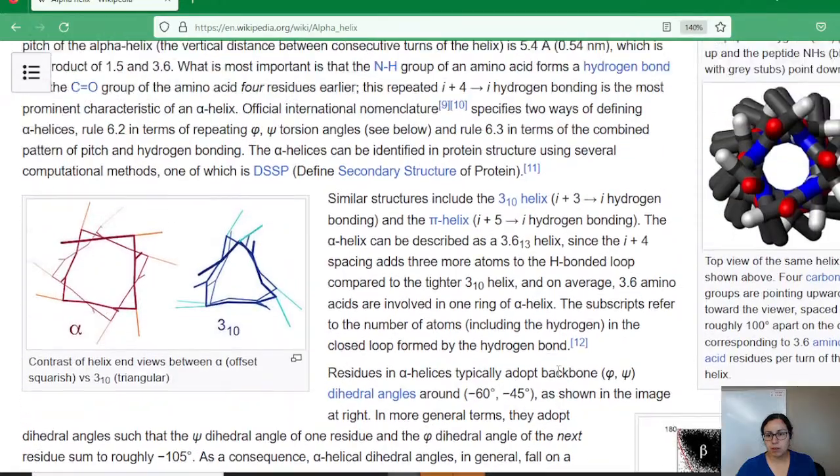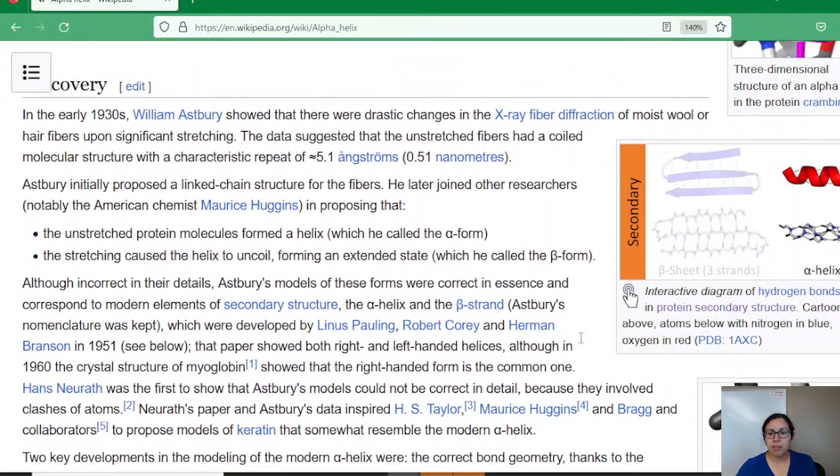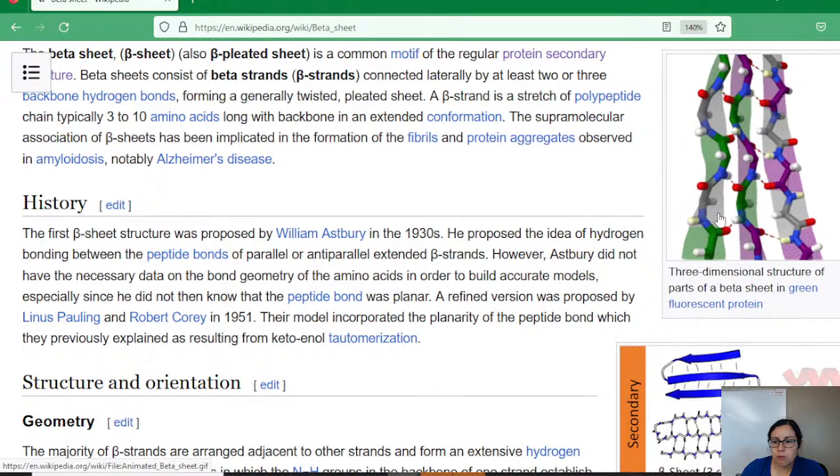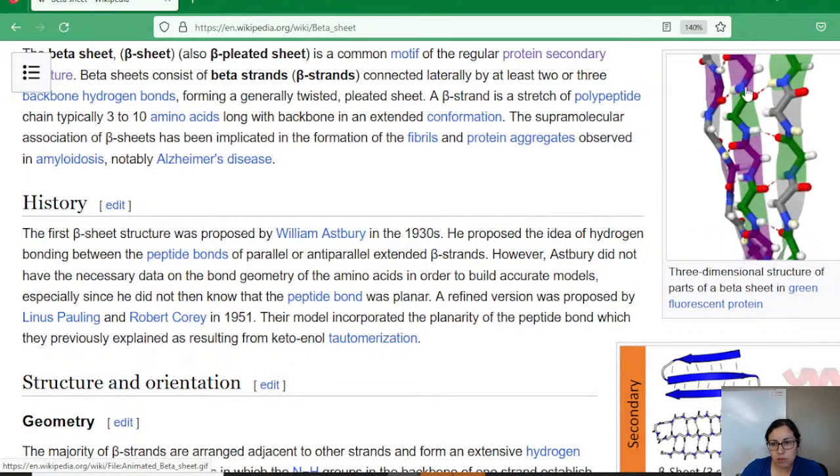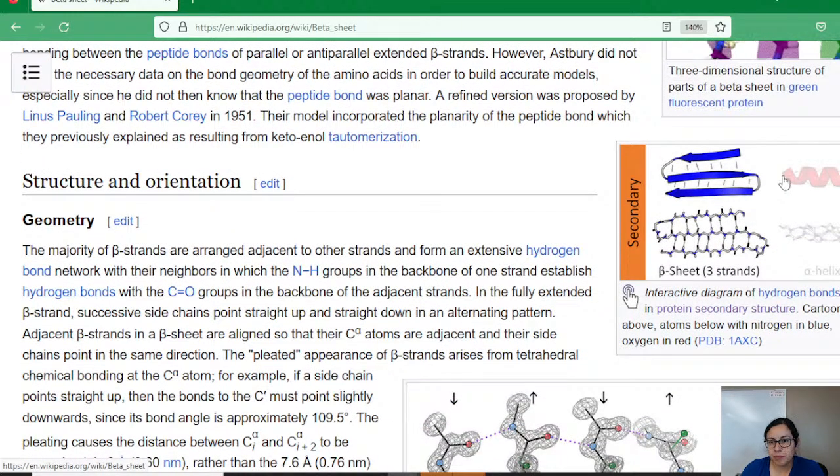I was just looking at a picture. There we go. So, right, secondary structures: the alpha helix goes in this curve structure, versus beta sheets, which are more flattened structures, as you can see.